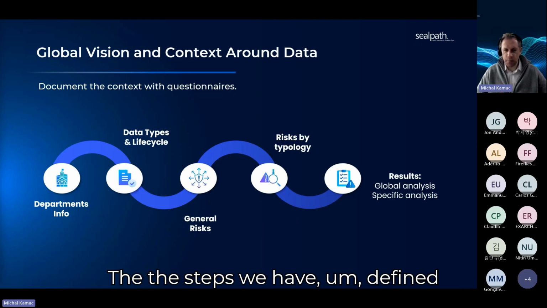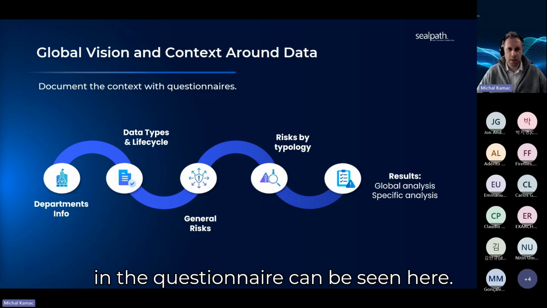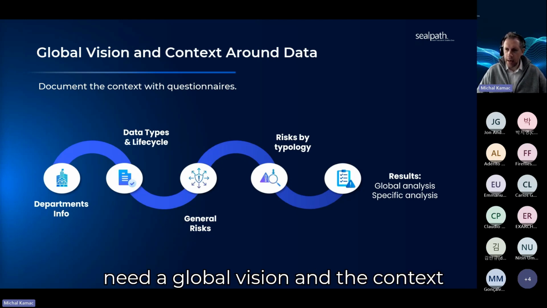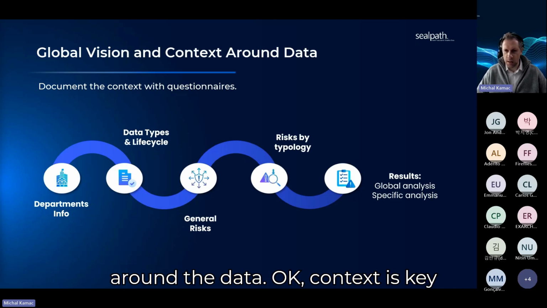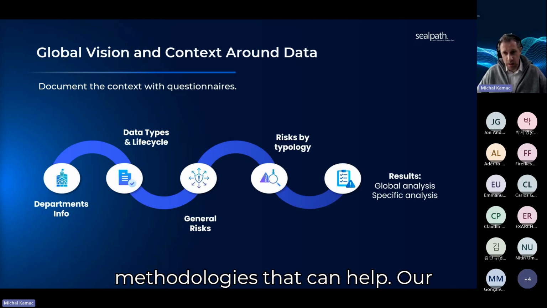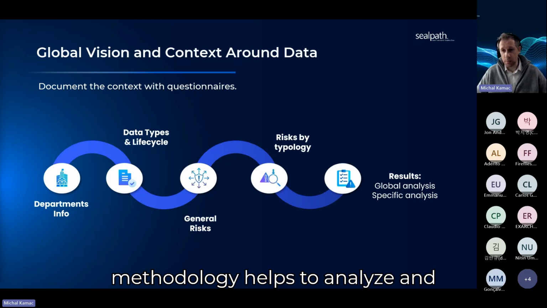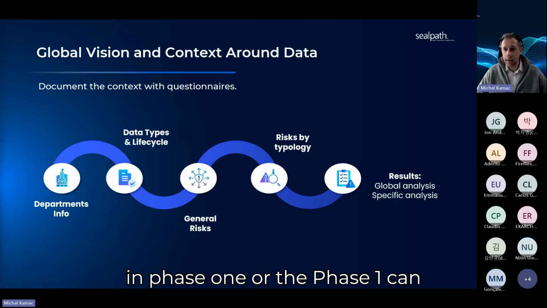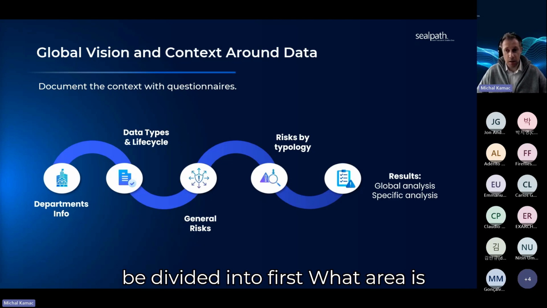The steps we have defined in the questionnaire can be seen here. So to have a full picture, we need a global vision and the context around the data. Okay, context is key here. There are simple methodologies that can help. Our methodology helps to analyze and understand the context of the data. So phase one can be divided into, first, know what area is handling the data.